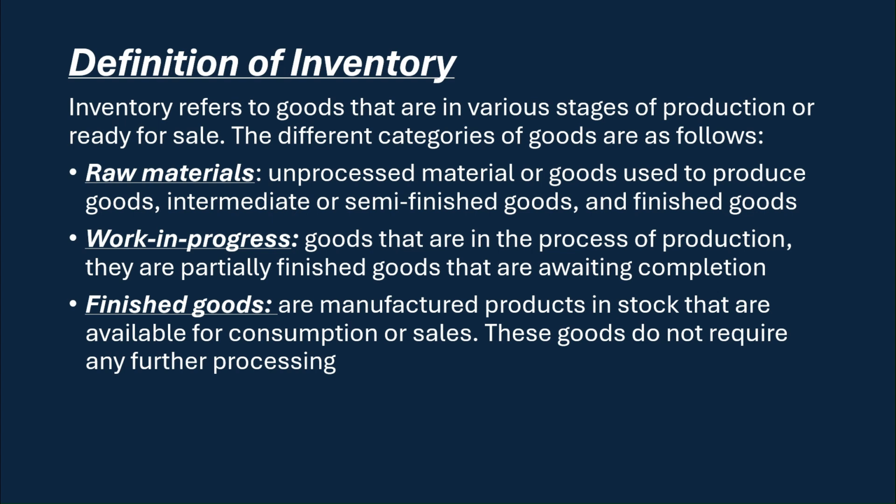Then after that, now the second one we have is work in progress. So work in progress are basically goods that are in the process of production. They are partially finished goods that are awaiting completion. So remember, for example, like I said, we have opened a bakery.